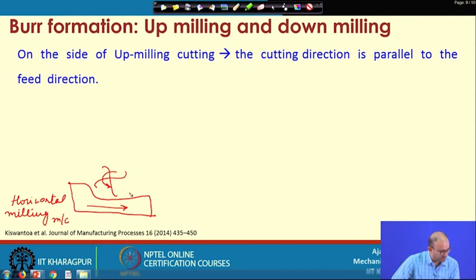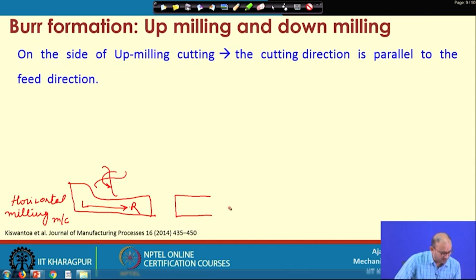Now, if this is the case then what is going to happen is that when your workpiece is moving from the left side to the right side, your tool will rotate in the anti-clockwise direction and you can get the material removal. So, this particular thing is one and this is the other thing.